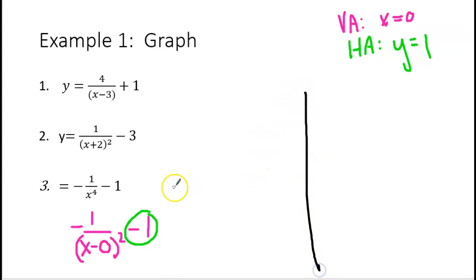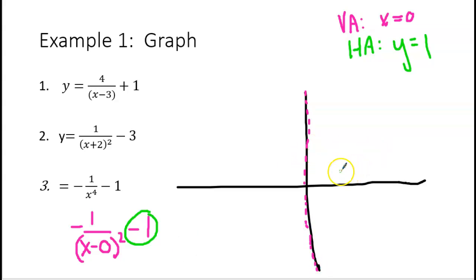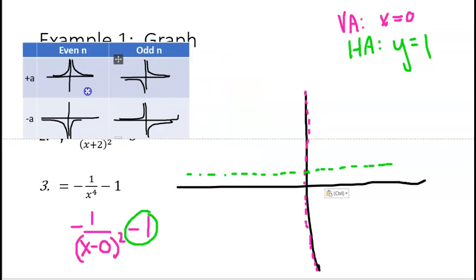So let's go ahead and graph those first. If you have a vertical asymptote at 0, that's just going to be basically the y-axis, x equals 0. And if we have a horizontal asymptote at 1, finally, we're going to use our little chart to determine the correct shape.